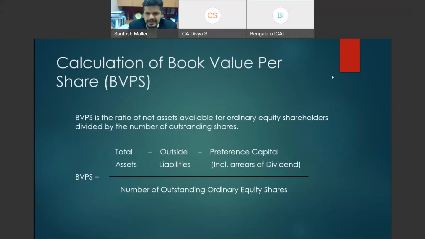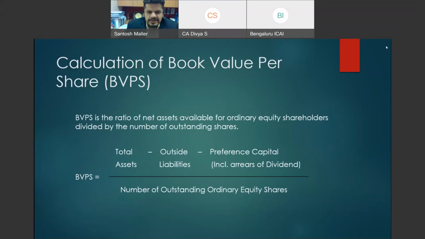So let's take one example where you have to calculate book value per share. Book value per share is the ratio of net assets available for ordinary equity shareholders divided by the number of outstanding shares.